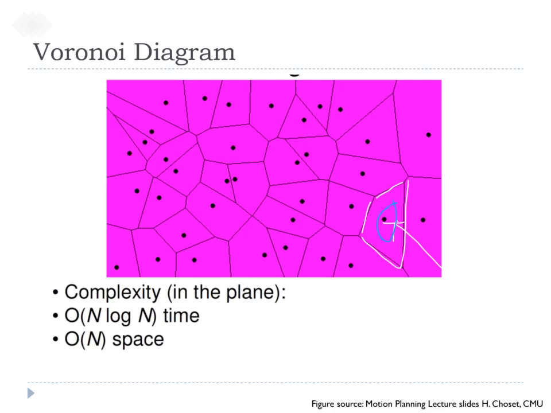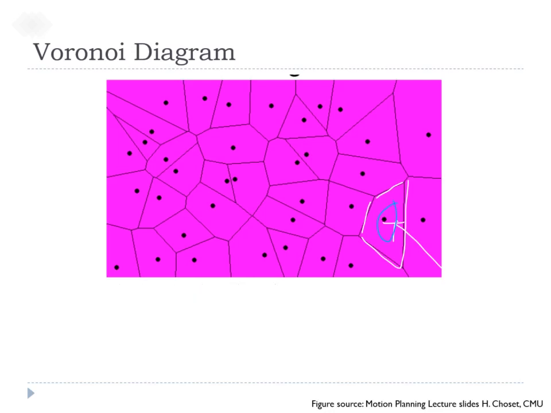So these are obstacles. The idea is to construct a safe roadmap so that none of the obstacles are collided with by the robot.